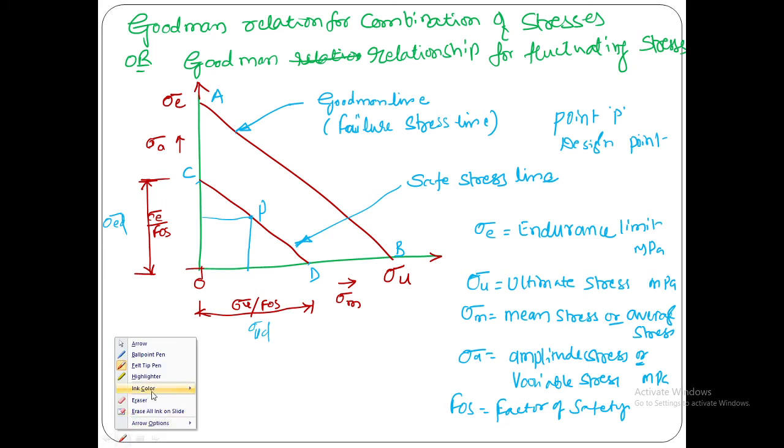Let us identify this point as Q and this point as R. Now this is the value of sigma m, the mean stress it is subjected to, and this is the value of sigma a, the amplitude stress or variable stress.